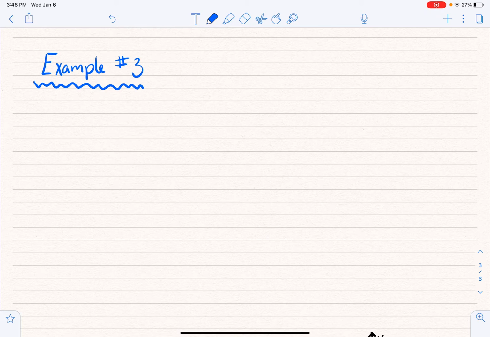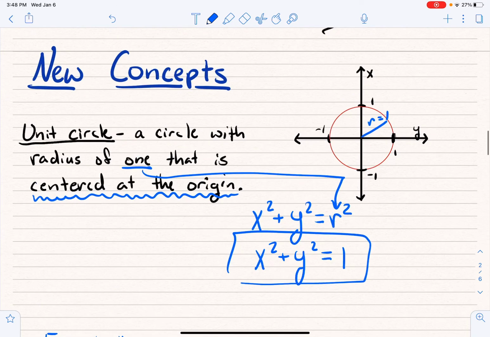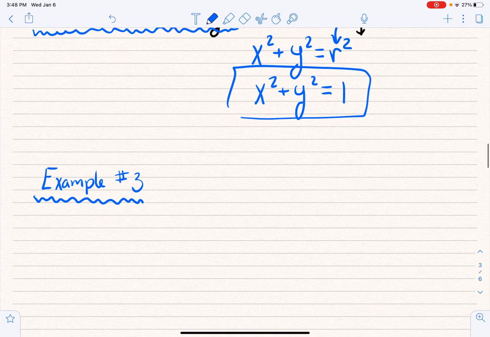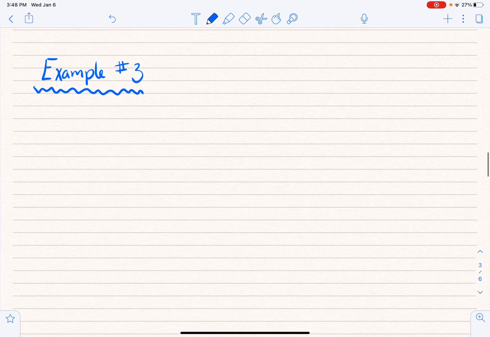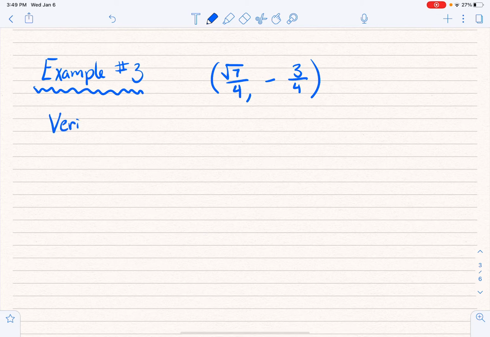But for example number 3, what you're going to do is check to verify that the point square root of 7 over 4 and -3/4 is on the unit circle. This is a point. It's an ugly point, but those are the coordinates of a point. And what I want to do is verify that this point is on the unit circle.